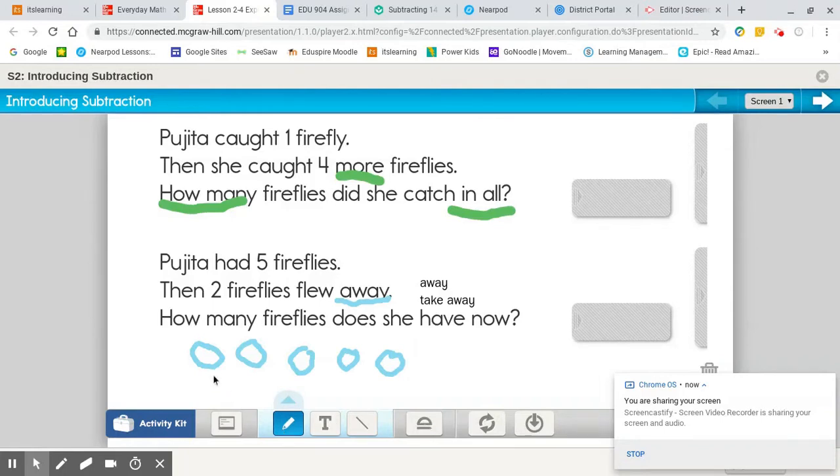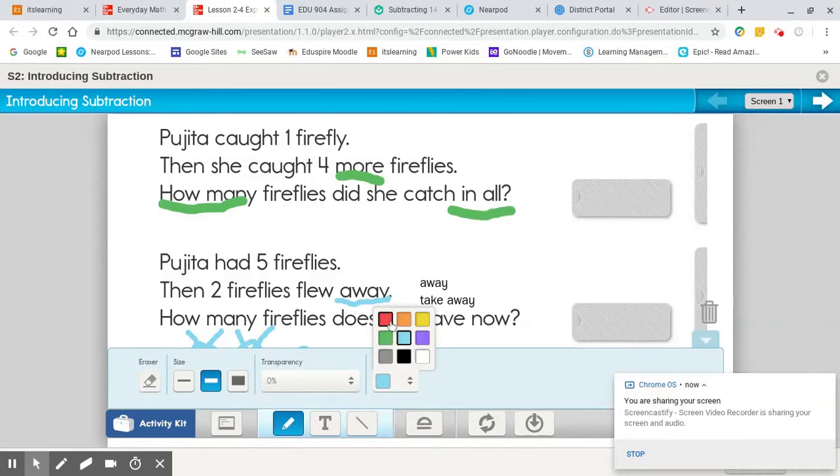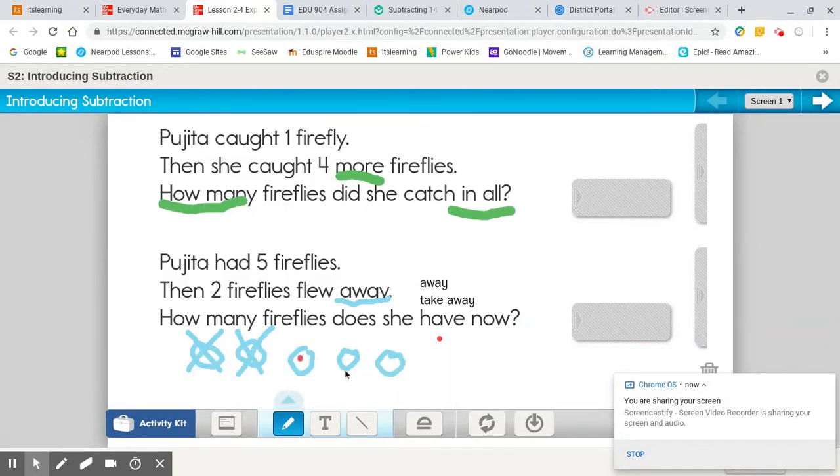Now what we're going to do is to show take away or getting rid of, we're going to get rid of 1, 2. We got rid of 2 fireflies because 2 flew away. Now let's count. How many do we have left? Well, if we take a look, we will see 1, 2, 3.